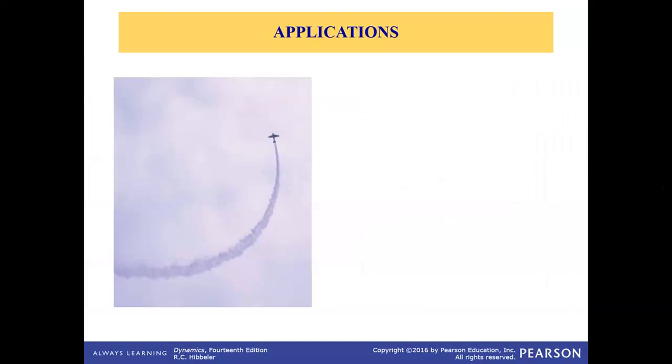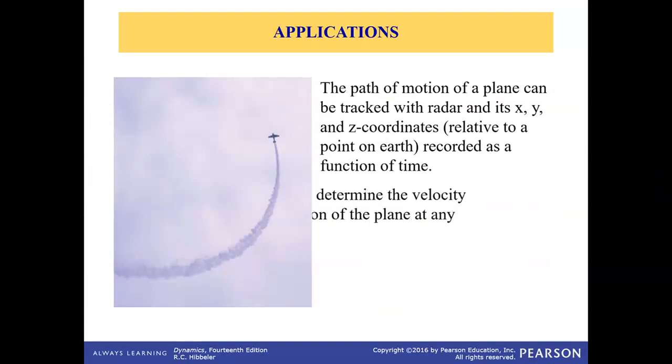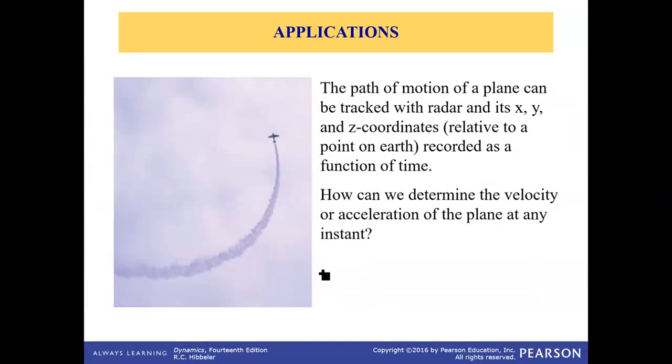We can define the velocity and acceleration of the plane at a given instant if we know how the X, Y, and Z coordinates of the position of the plane change relative to time. So we need to know the X coordinate as a function of time, the Y coordinate as a function of time, and the Z coordinate as a function of time, and we can individually find the X, Y, Z location of the plane relative to the origin.